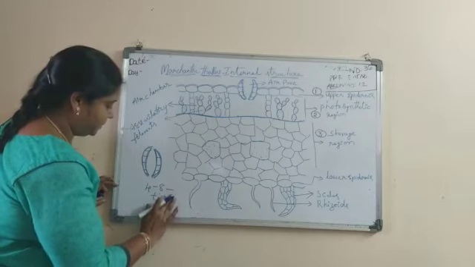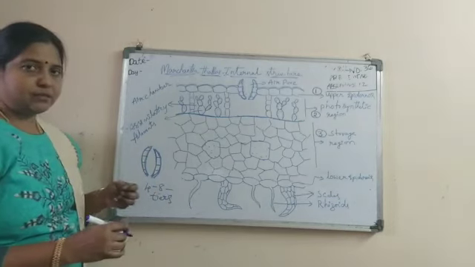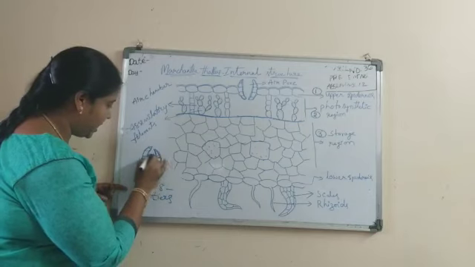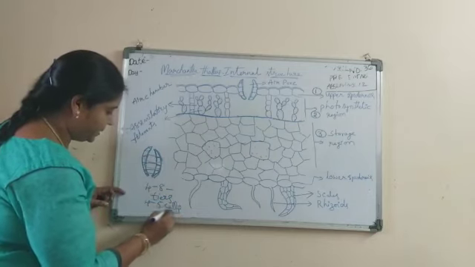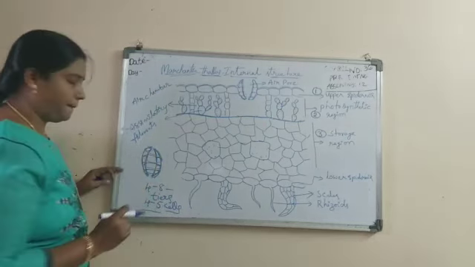These tiers are superimposed tiers. So each tier again has 4 to 5 cells, each tier consists of 4 to 5 cells.